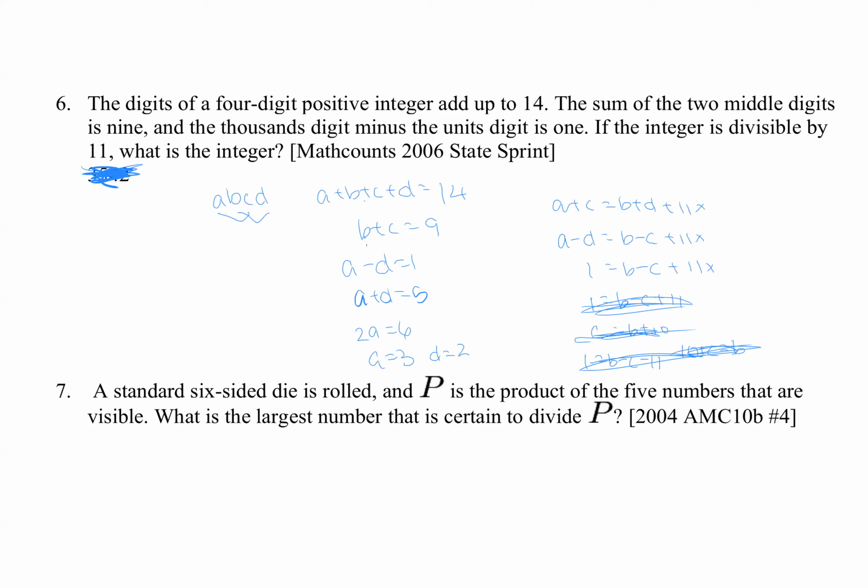So if x equals 0, we get that 1 equals B minus C. So B equals C plus 1. And then if B equals C plus 1, we can plug this back into our equation here to get that 2C plus 1 equals 9. So C equals 4 and B equals 5. So then our number would be 3, 5, 4, 2. This is our answer. Do you guys have any questions?